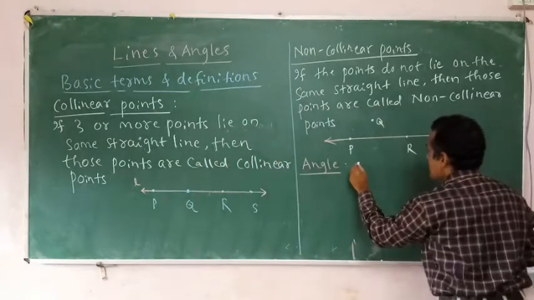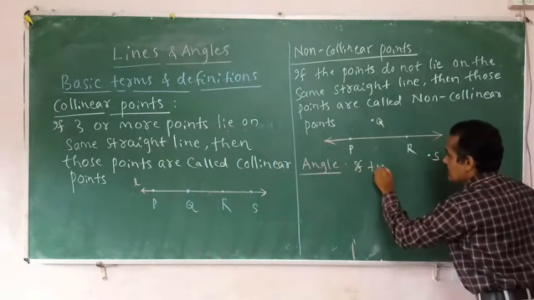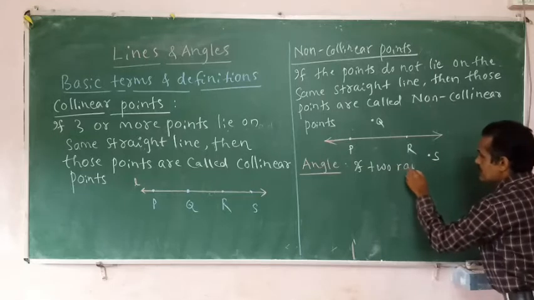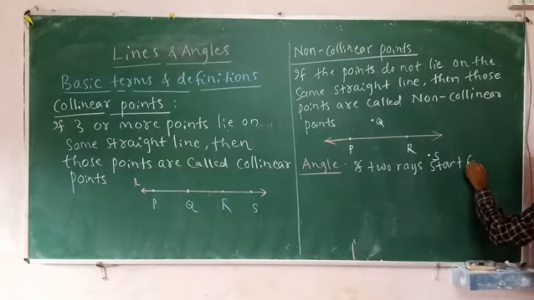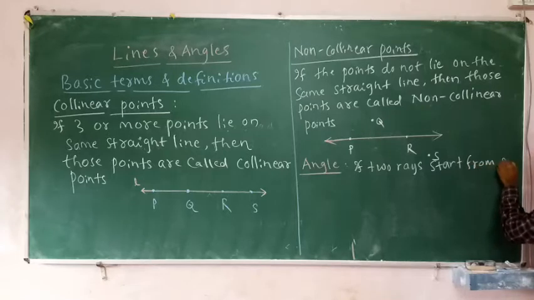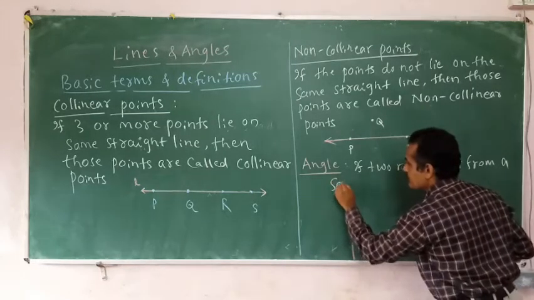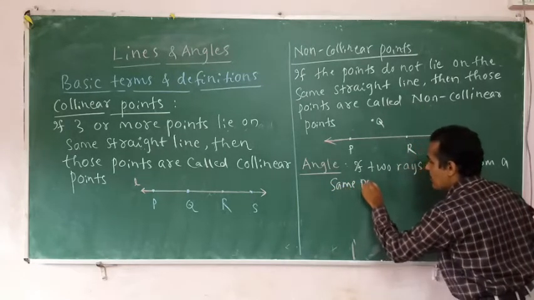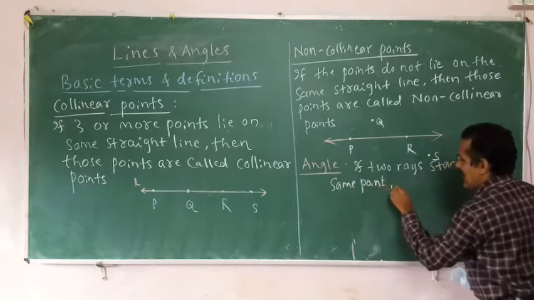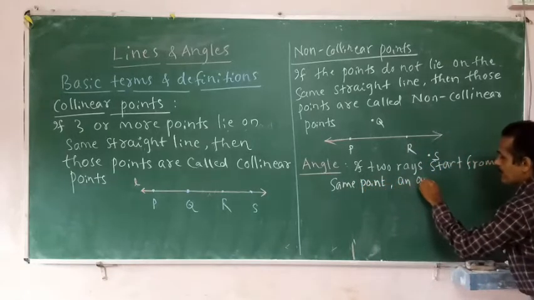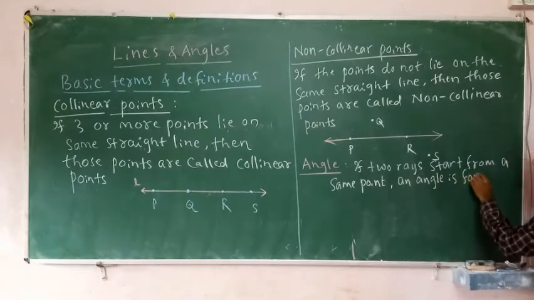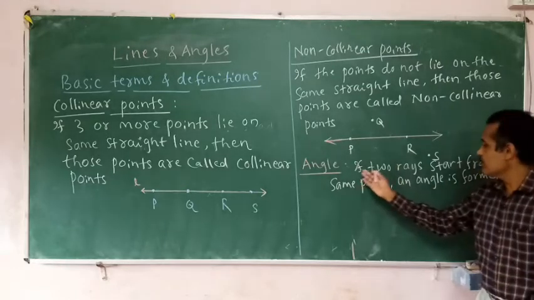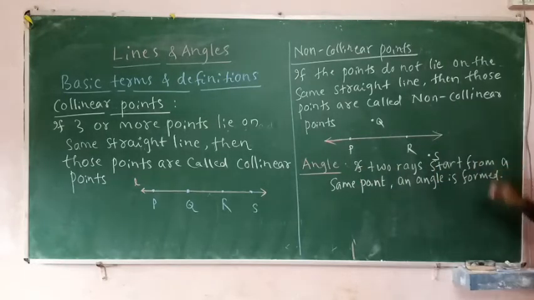I will write like this. If two rays start from a same point, an angle is formed. Or the angle is formed when two rays start from a same point.